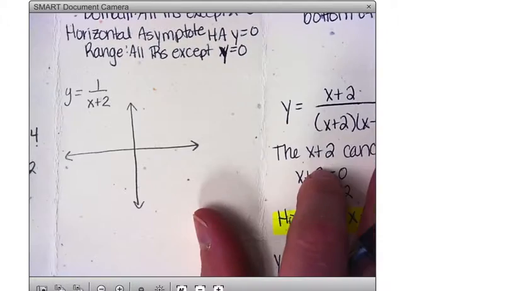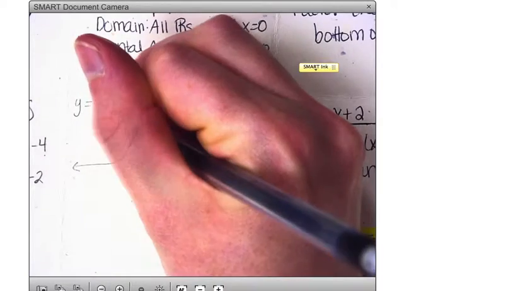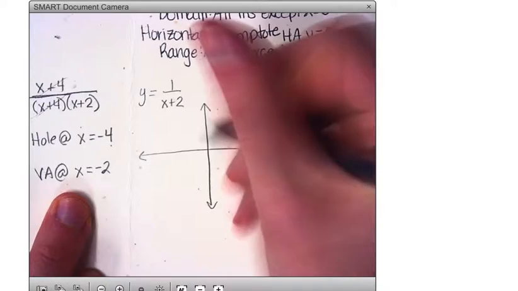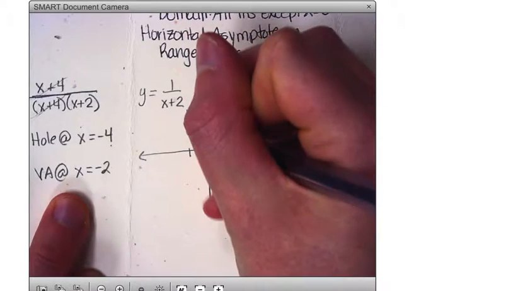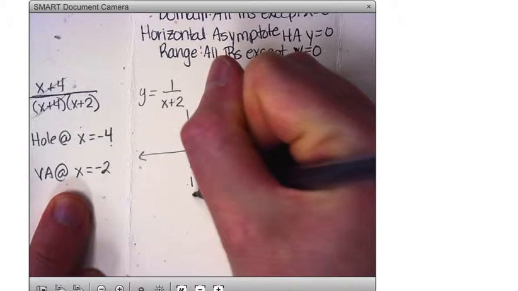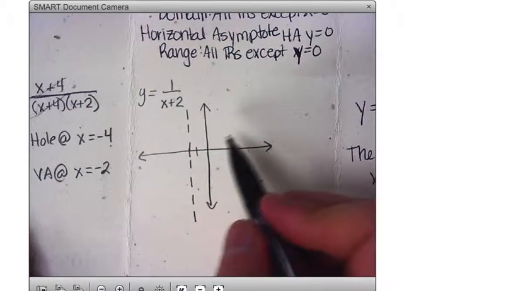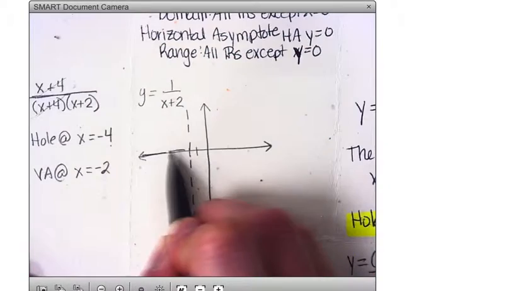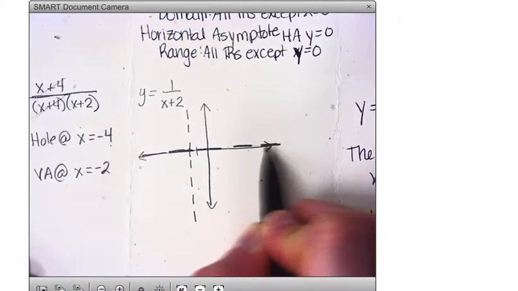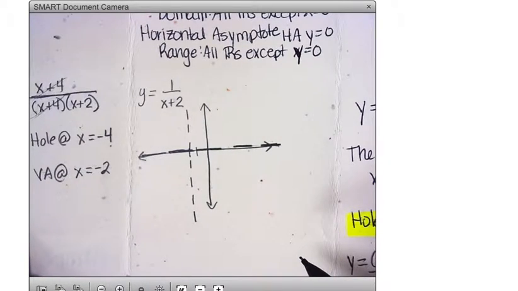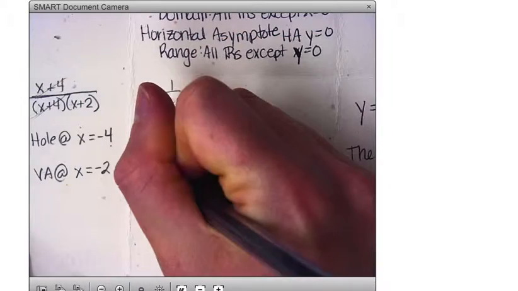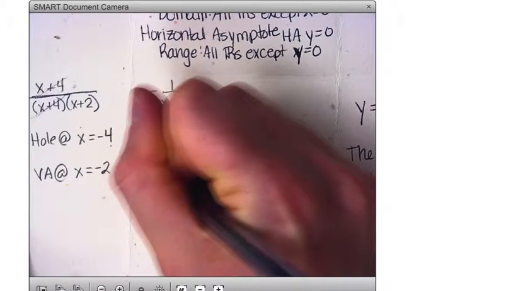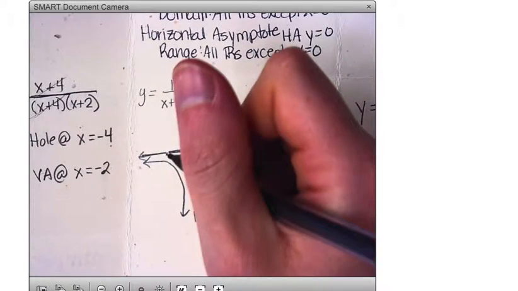So watch. Instead of an asymptote of x equals 0, I have an asymptote of x equals negative 2. Watch how I draw this, everybody. I also have a horizontal asymptote at y equals 0. You see that? So I'm going to have this because that's how it shifted. Now, I've dealt with the vertical asymptote. I've dealt with the horizontal.